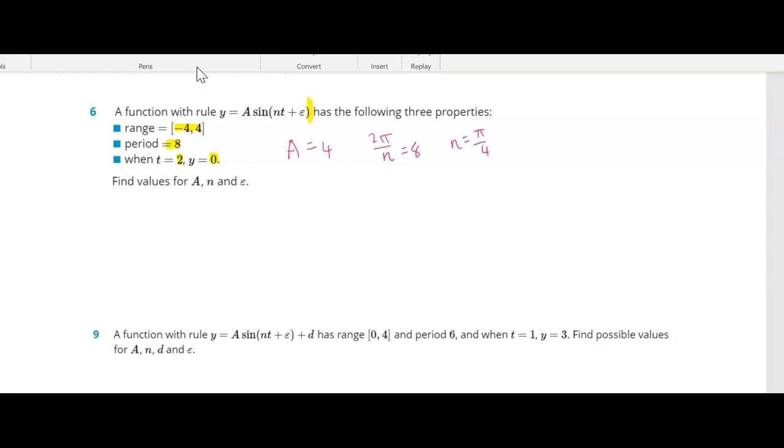And now with your graph, sorry, it's going to get tricky. Actually, I could probably do it a different way. Probably solve the equation instead of doing it graphically. Let's do it that way. All right, so let's substitute what we know into the rule. So we've got, at the moment, y equals 4 sine pi on 4t plus epsilon.